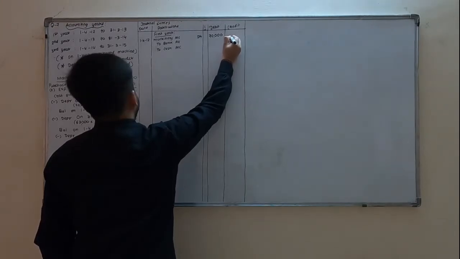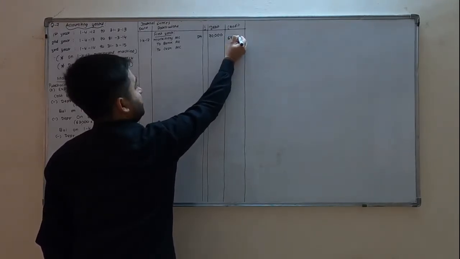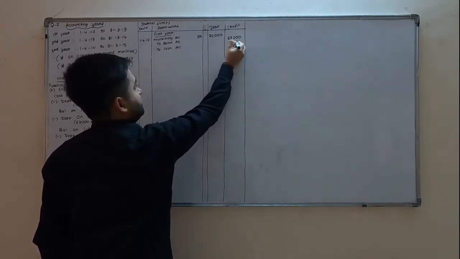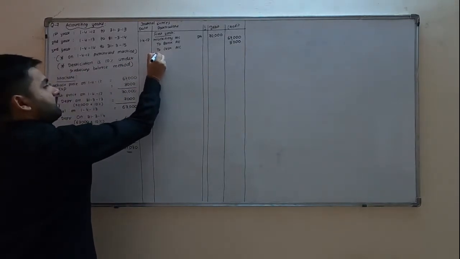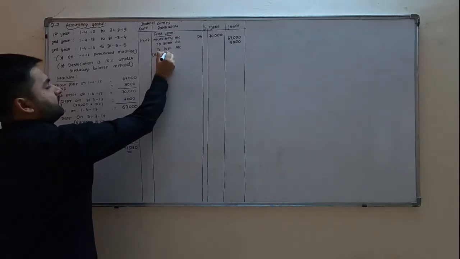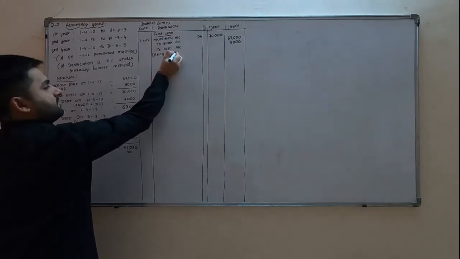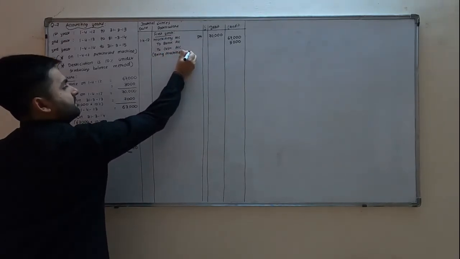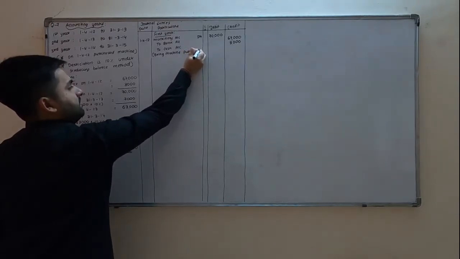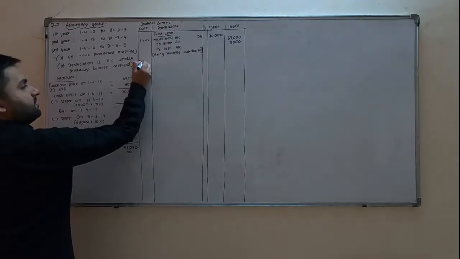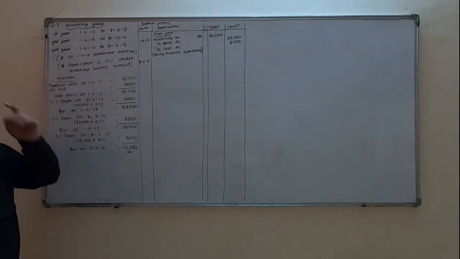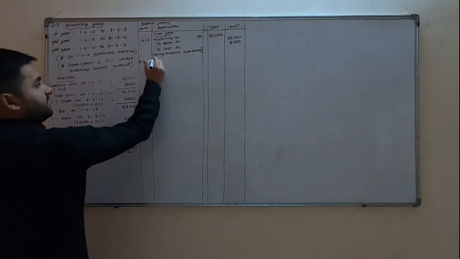Bank will have its purchase price 67,000 and cash will have its expense 3,000. Being machine purchased. Then on end of the first year 31/3/13 we will calculate the depreciation.